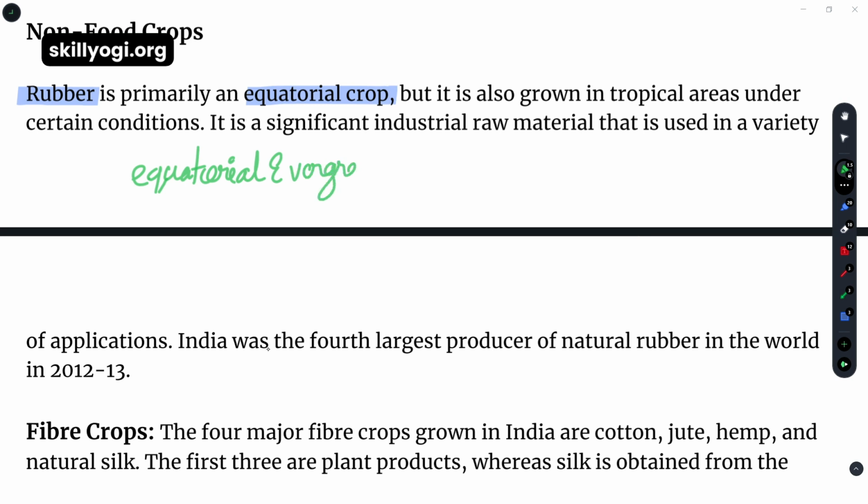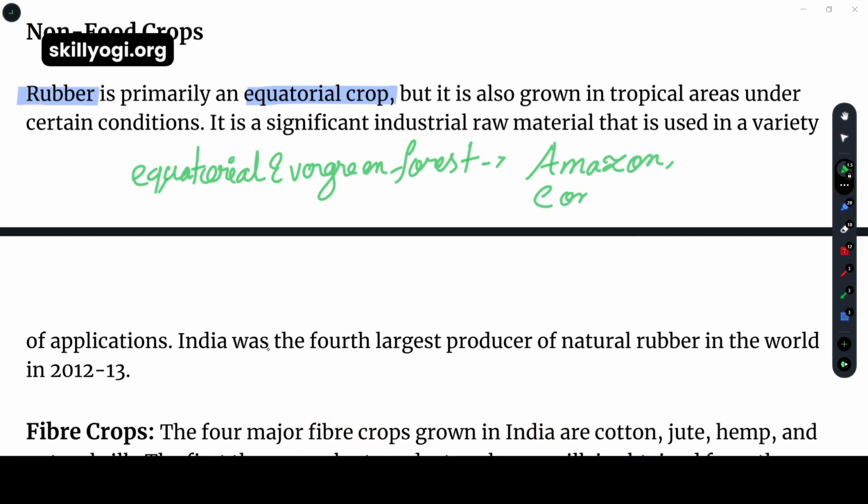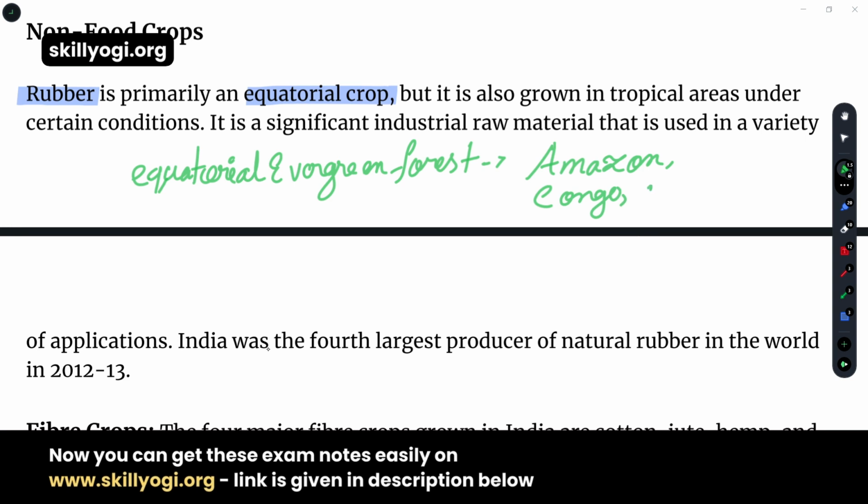Where can we see the equatorial area? The Amazon, Congo, and in the western part of our country, the Western Ghats, we can also write over there. So these are the places where we can have the equatorial crop.